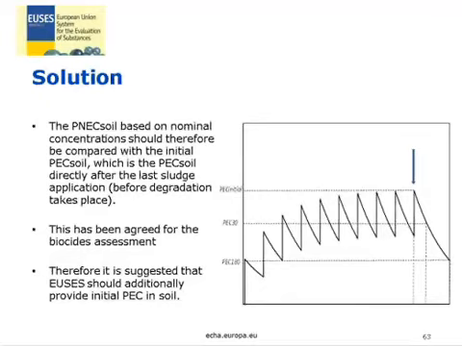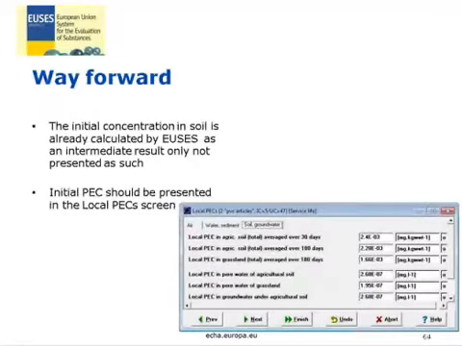So this has been discussed and agreed upon for biocides assessment. So therefore it's suggested to include this in the EUSES to provide the initial PEC in soil. Well, actually, it is calculated in the EUSES, but it's not presented as such.